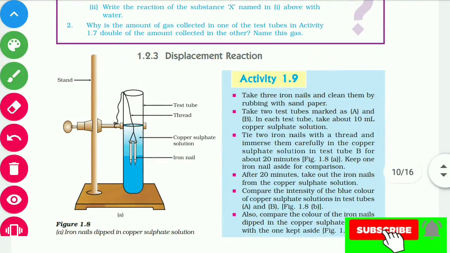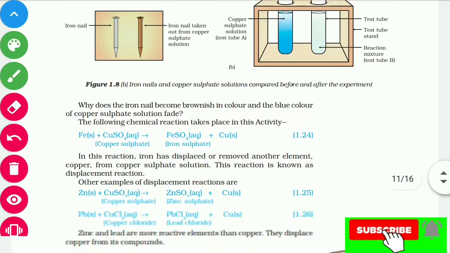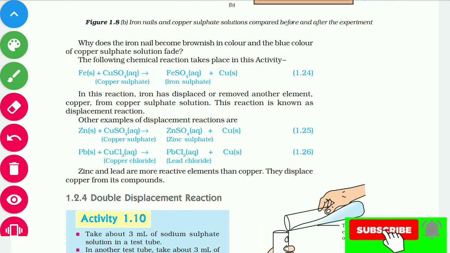Next, displacement reaction. In a displacement reaction one element displaces the other. Notice here, iron and copper sulfate: iron displaces Cu from copper sulfate, and in the product you will find FeSO4 and Cu separated.